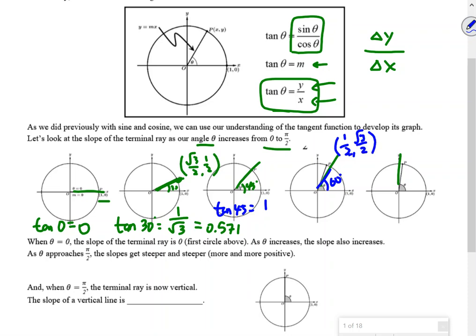Then I'm getting x value 1 over 2, y value radical 3 over 2. When you put this in tangent of 60, you're going to get radical 3 over 2 divided by 1 over 2. And when you simplify, I'm getting radical 3 in the numerator. And when you put this in the calculator, I'm getting 1.7 something.